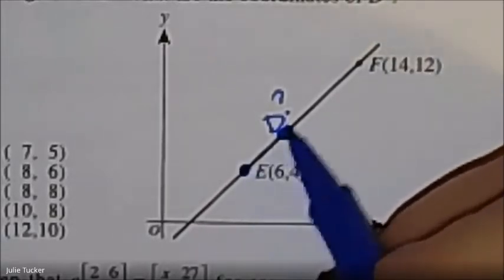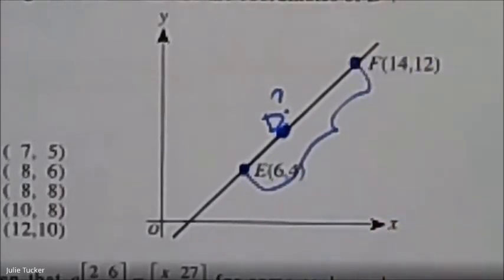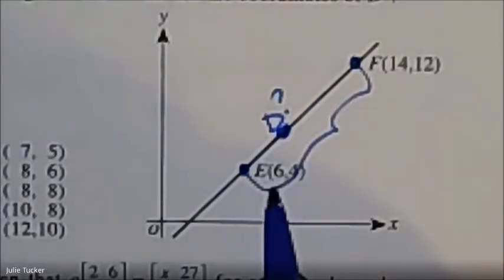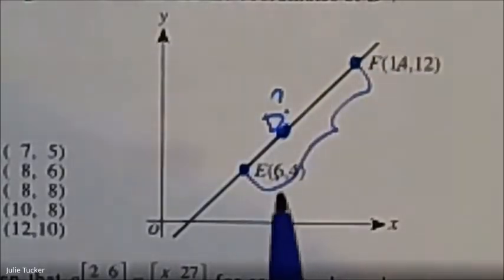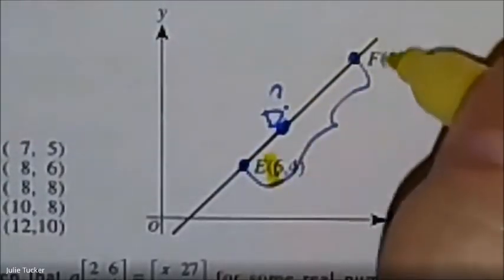This is 1/4 of the whole thing from here to here. So let's just think about numbers that make sense, because here's the deal. You just have to figure out what is 1/4 of the way from 6 to 14, because that's from X to X. Check it out. From 6 to 14, what is 1/4 of that distance?